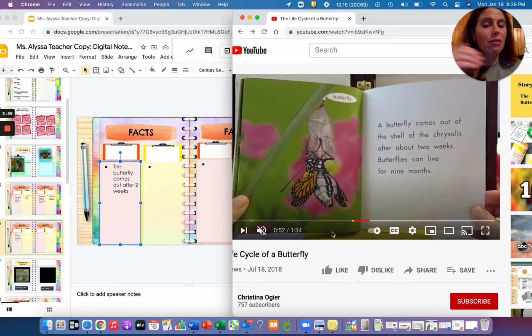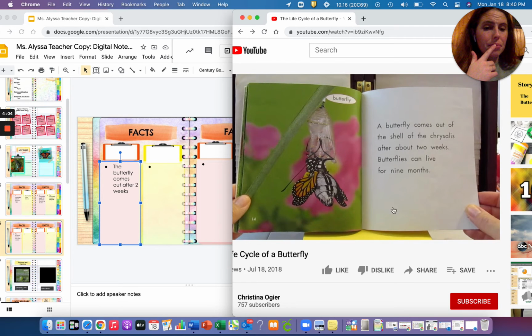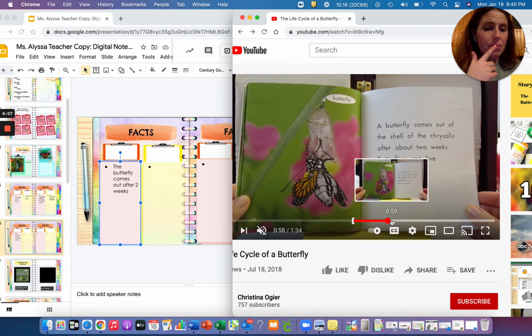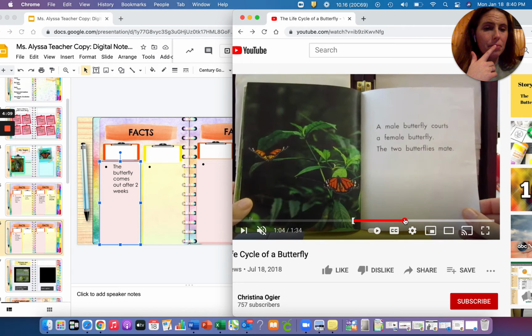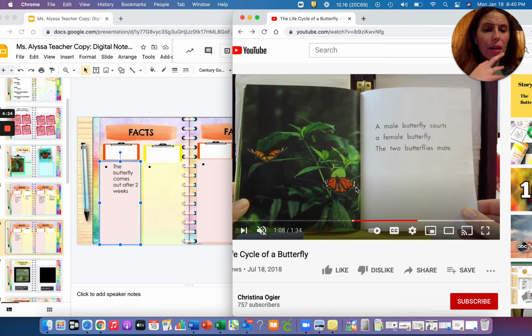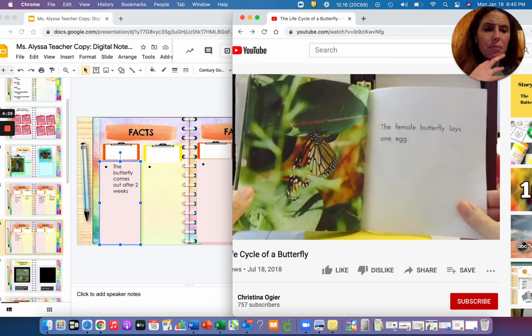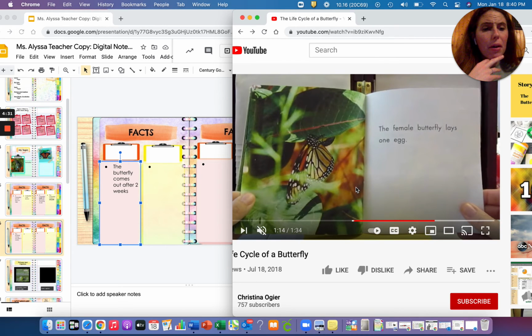Let's keep reading and see if there's anything else that I want to add. A male butterfly courts a female butterfly. The two butterflies mate. Okay, nothing on this page I want to write. Let me keep reading. The female butterfly lays 1 egg.